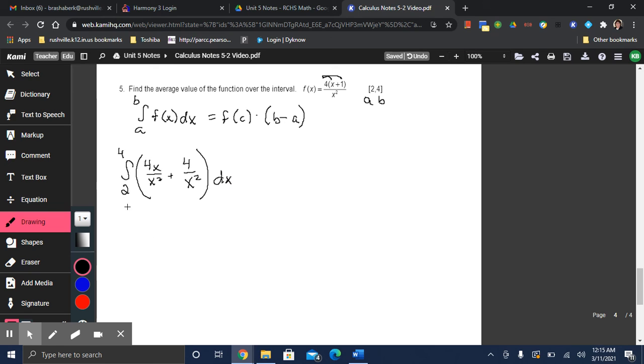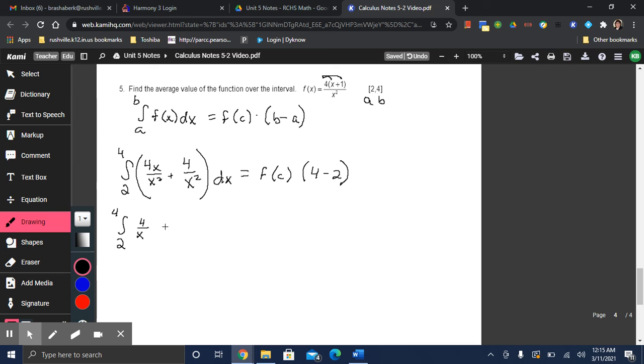And I'm going to continue to write the formula equals f of c times 4 minus 2. Okay, so I can simplify this. So the integral from 2 to 4, this is going to give me 4 over x, which I could write as 4x to the negative 1, but I'm remembering that I can't integrate that.